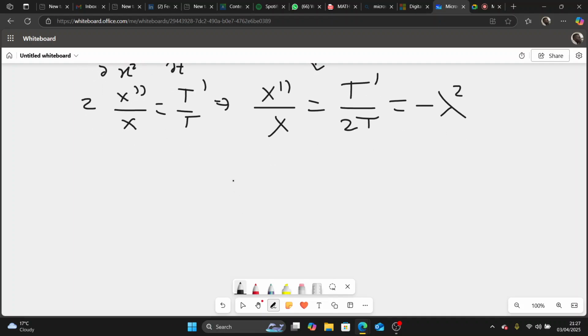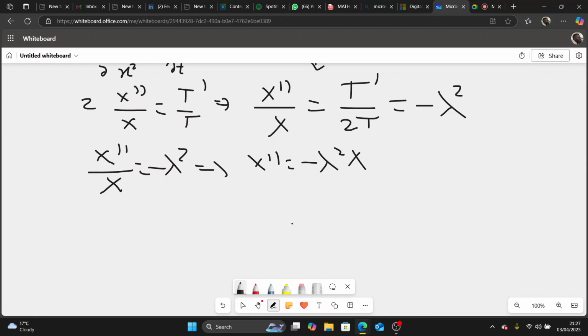Now what you do is you're going to have X second over X to be equal to minus lambda square. You have to solve for this equation. Basically what you'll be having is X second to be equal to minus lambda square X. Do you agree?